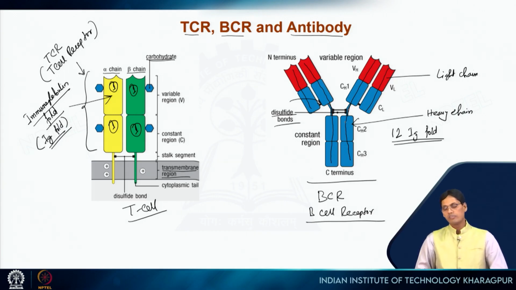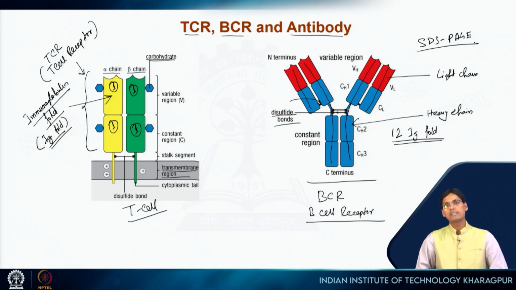So this is made up of 4 polypeptides basically, 2 heavy chains and 2 light chains. There are different biophysical and biochemical techniques. For example, one of those is SDS-PAGE, right? This is a gel electrophoresis technique where we analyze proteins, particularly their molecular weight.